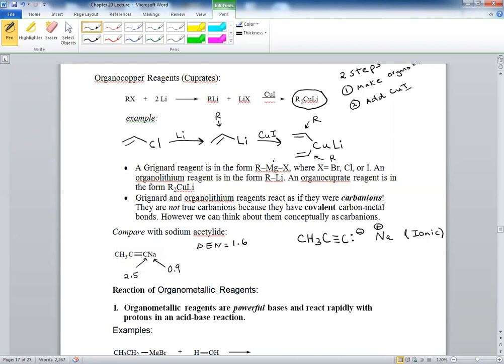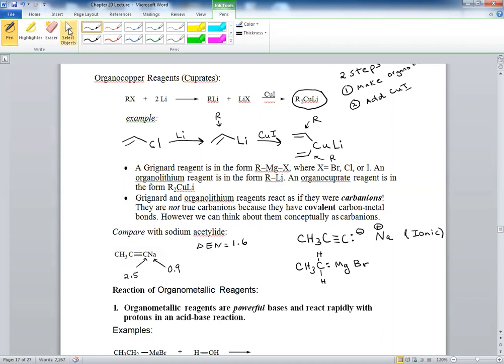If you look at RMgX, let's say something as simple as CH3, and then the Mg, and then you have the Br.